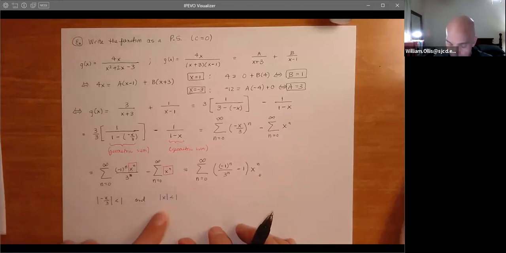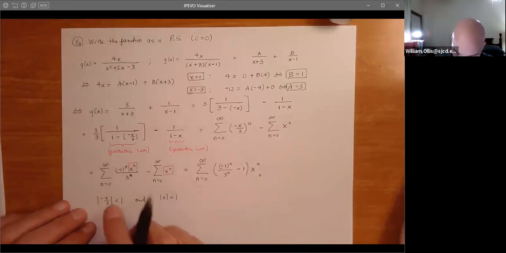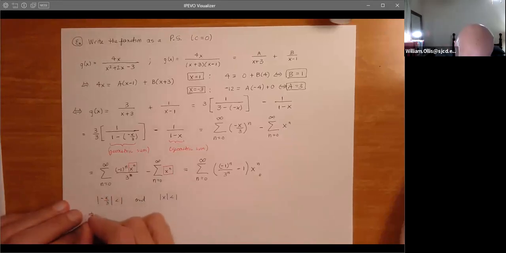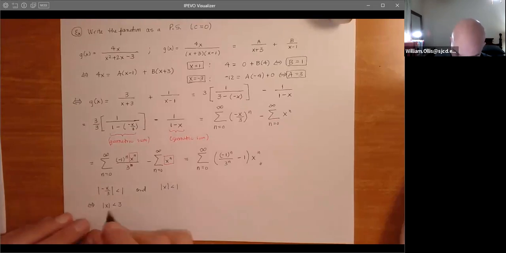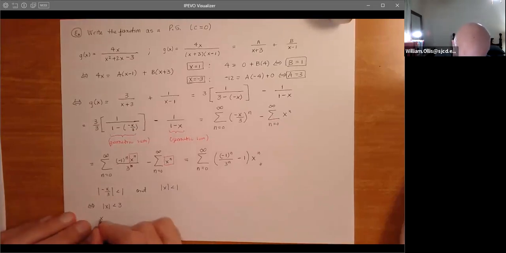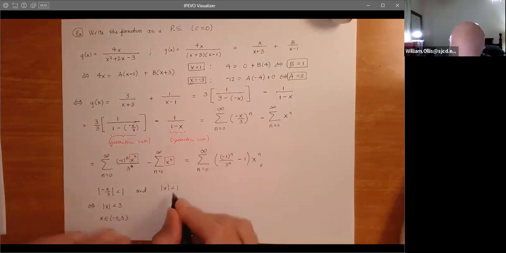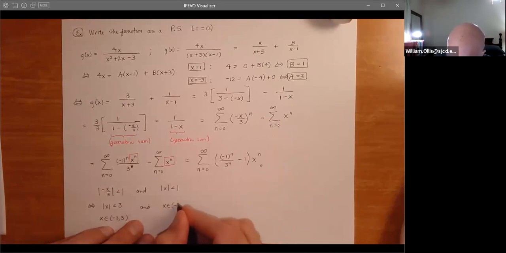Okay, well, that one we know about, but here this just means multiply by 3. So equivalently, we have the absolute value of x less than 3. Don't we wish all our problems were this easy? And so, of course, x will just live between negative 3 and 3. And here, x lives between negative 1 and 1.